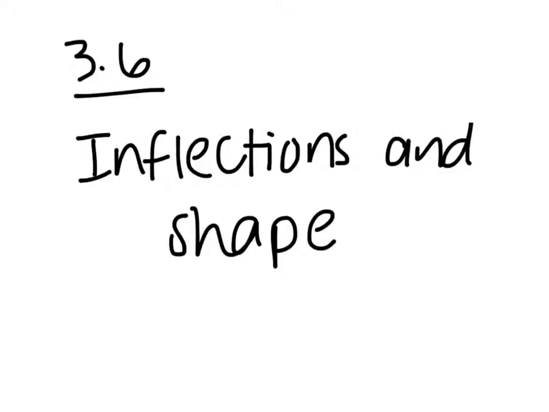3.6, inflections and shape. Okay, so let's just take a moment to observe the shape of a curve. If a curve is like this, like a smiley face, it's concave up. That is basically when the second derivative of x is greater than 0.